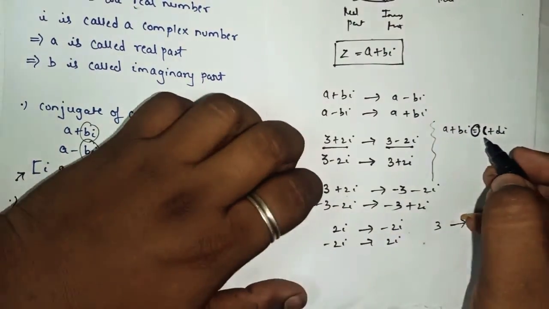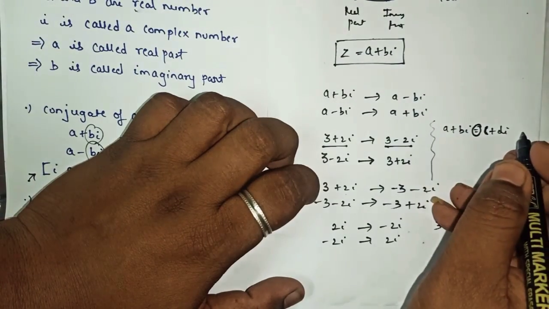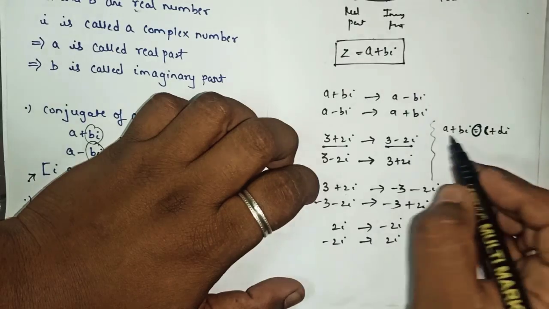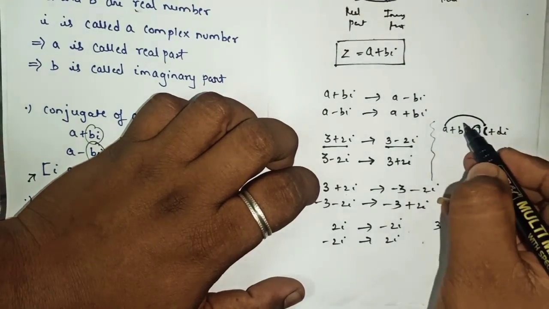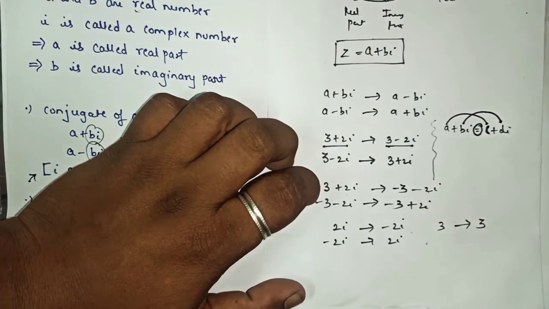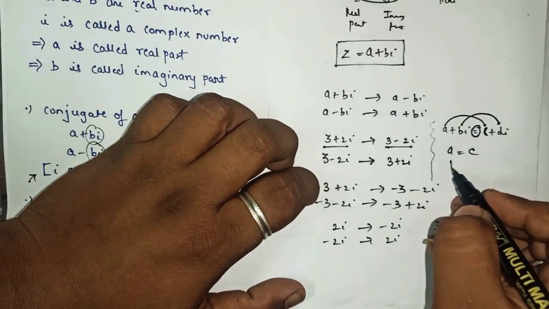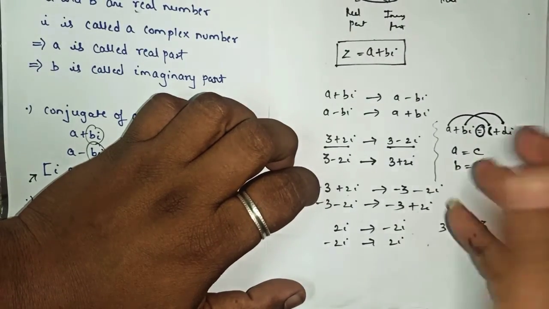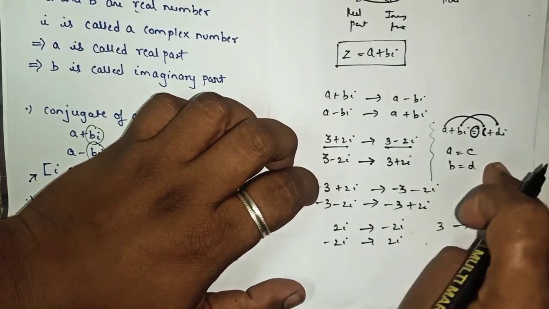When it is balanced, you have to compare the real part and the imaginary part. In the left hand side and right hand side, a and c are the real parts, and b and d are the imaginary parts. As they are equal, the real parts and the imaginary parts will be equal to each other, by comparing the left hand side and right hand side coefficients.